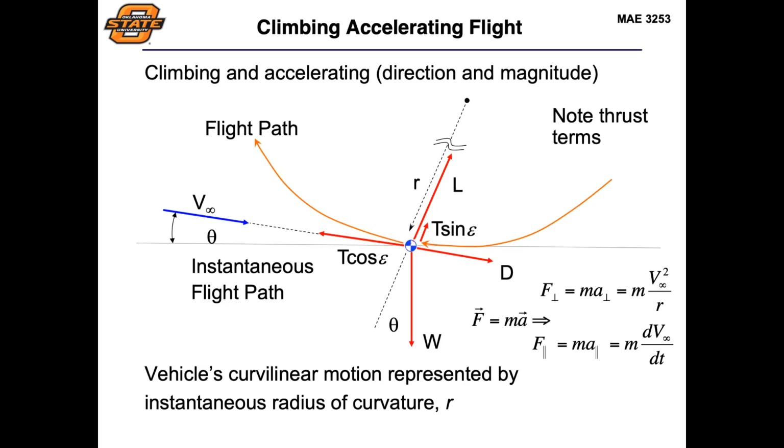Now when we go to climbing accelerating flight, in this case we're not only changing our altitude, but we're also inclined in a pull-up or pull-down type of maneuver. Now we're starting to introduce centrifugal forces on the aircraft. So in this case we have essentially a curvilinear motion that the aircraft is traveling on.